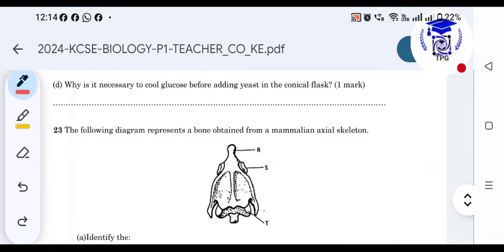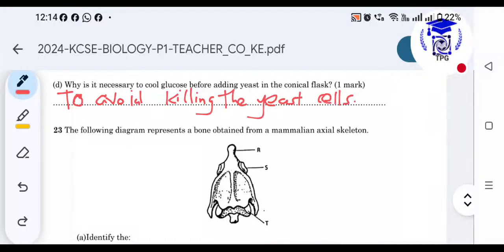The reason why it is important to cool glucose before adding yeast is to avoid killing the yeast cells, or denaturing the enzymes of the yeast cells.